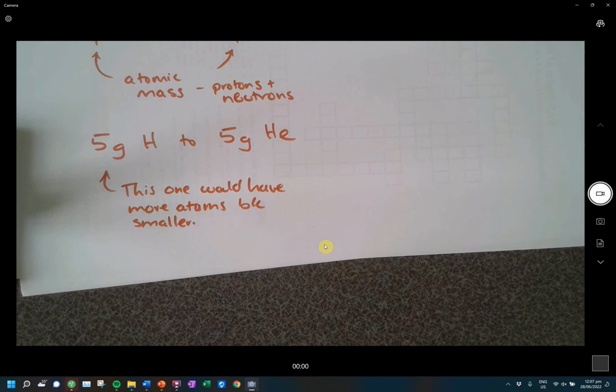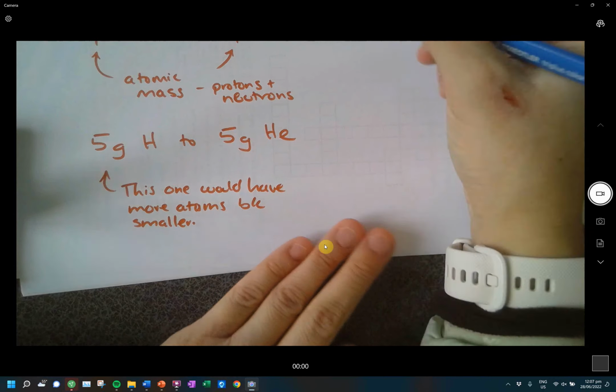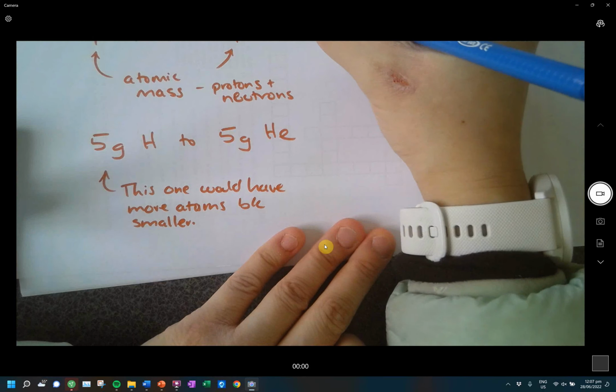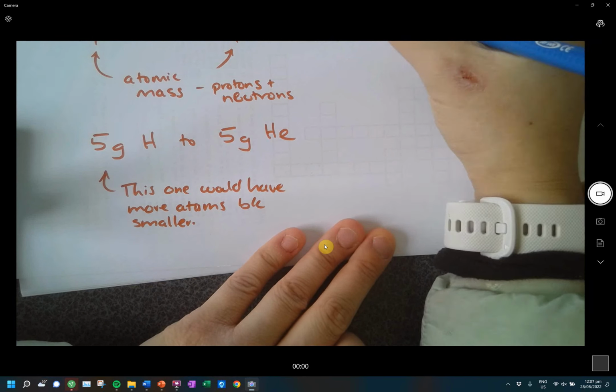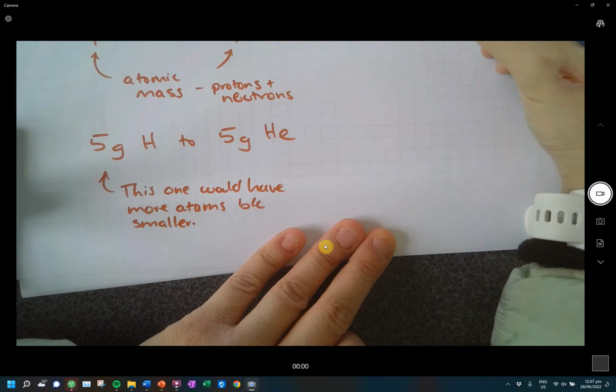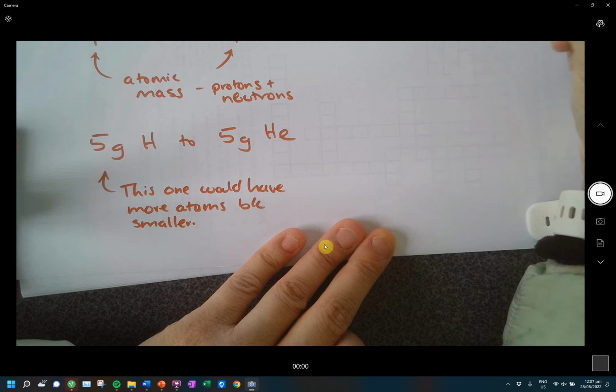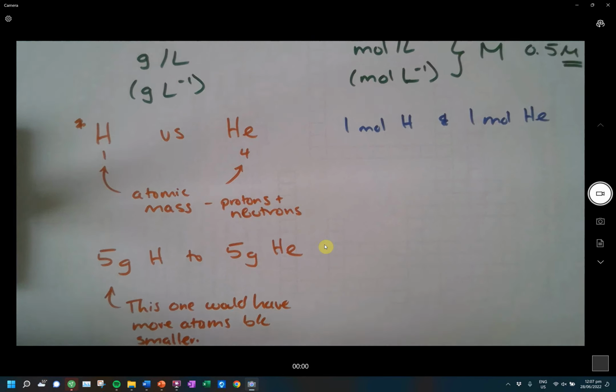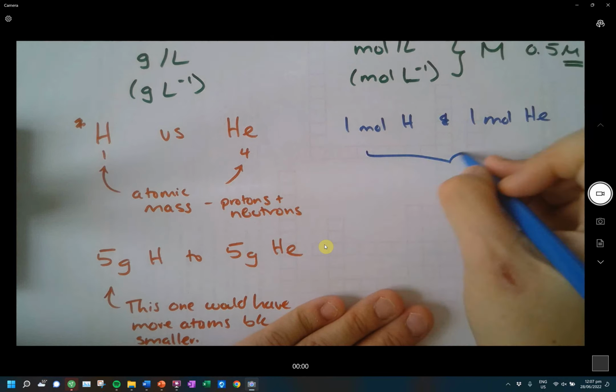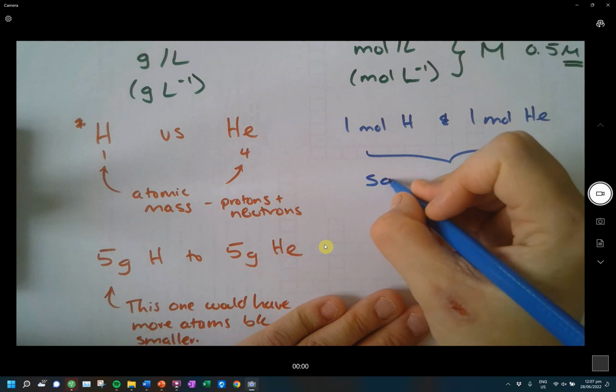Yes. All right. Like I said, mole is referring to quantity, so it's referring to the number of atoms. So if I have 1 mole of hydrogen and 1 mole of helium, would I have the same number of atoms in both cases? Yes.